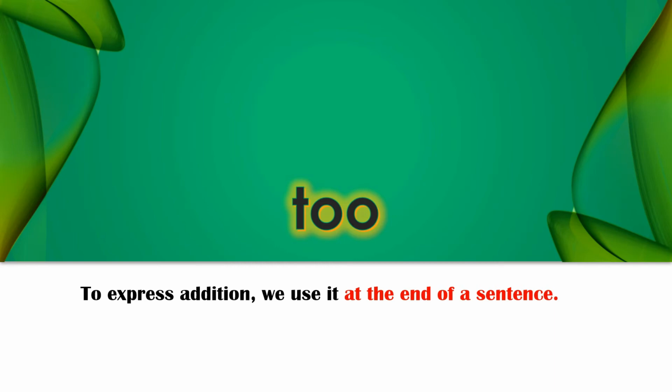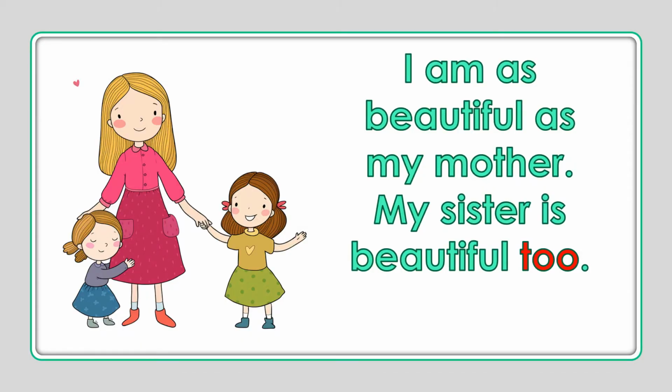Now we use too to express addition, and we use it only at the end of a sentence. For example, I am as beautiful as my mother. My sister is beautiful too.